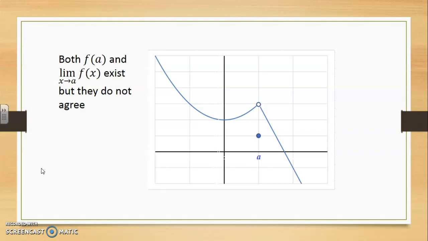You could also have f of a that exists and the limit that exists, but that they don't agree. Here notice how the value the function approaches as x is getting closer to a is not where the function's definition is placed for a value of x equals a.